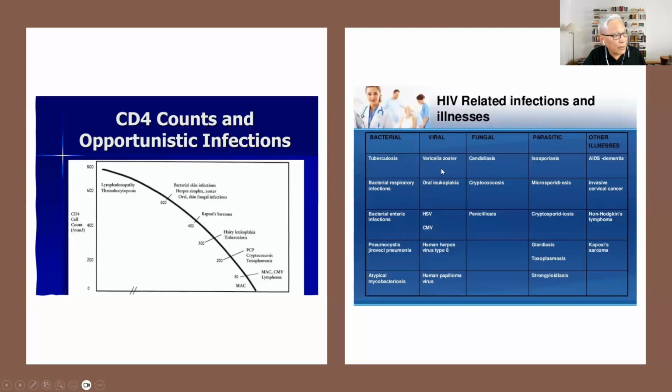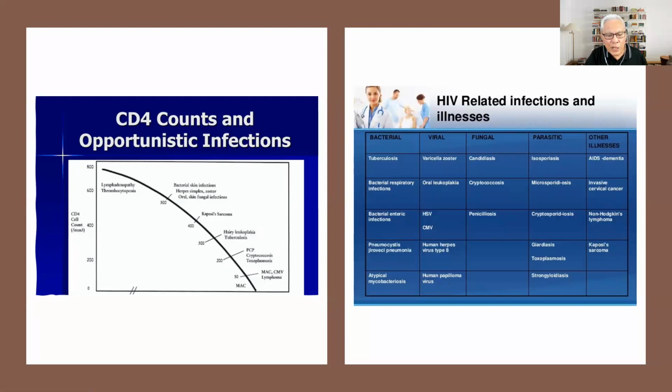You could also have viral infections like varicella zoster, leukoplakia, hepatitis, herpes simplex virus, cytomegalovirus, and so on. So you could have bacterial, viral, fungal, parasitic, and other infections that are going to be AIDS-defining. That includes dementia, invasive cervical cancer, non-Hodgkin's lymphoma, as well as Kaposi's sarcoma.